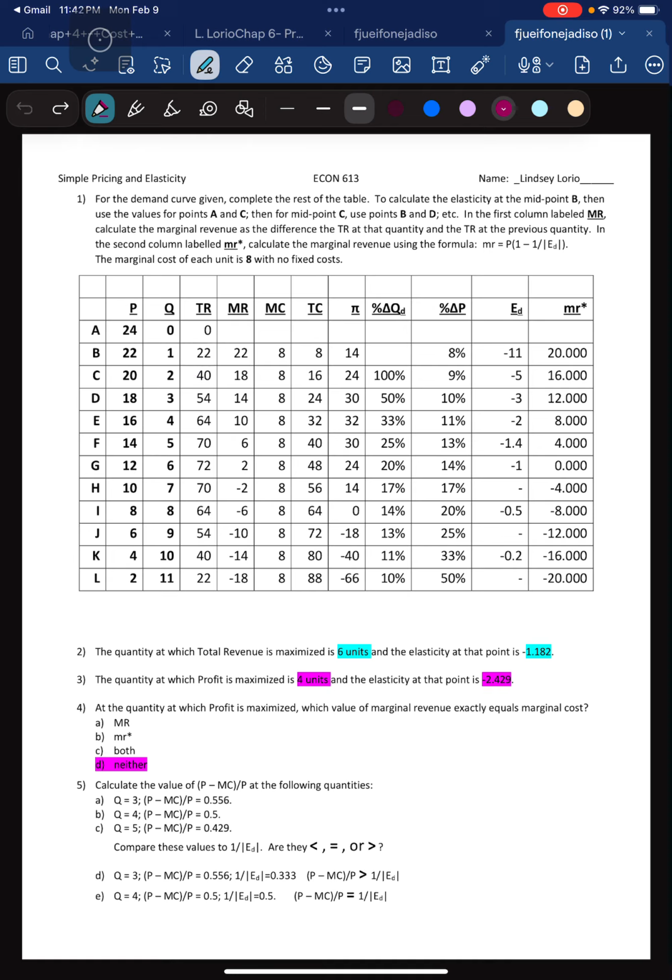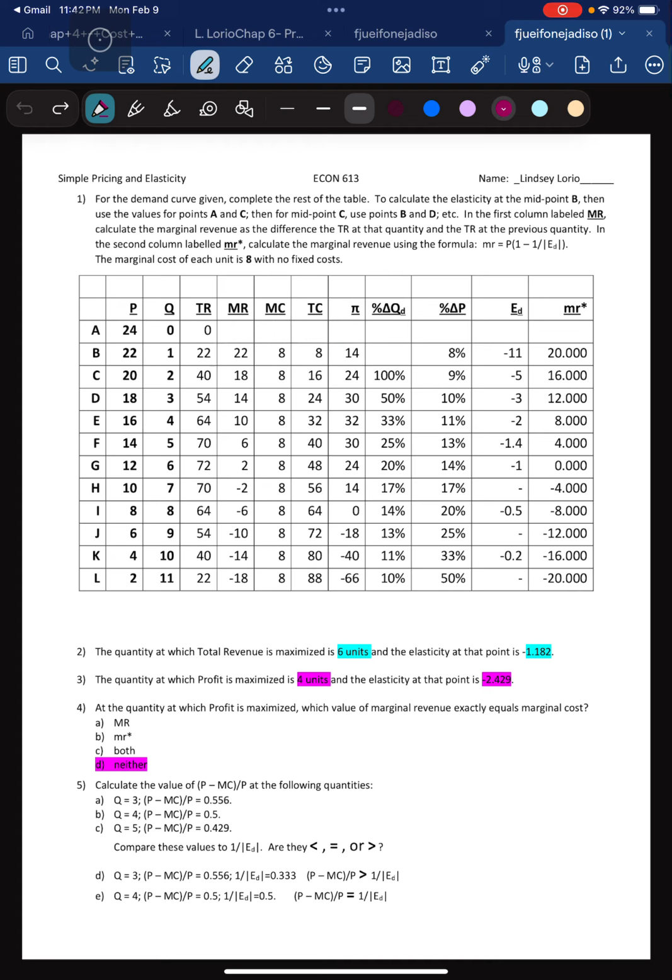For marginal cost, we were given that. For total cost, I just multiplied the marginal cost with the quantity. So I multiplied those two together. For the total profit, I did the total revenue minus the total cost.